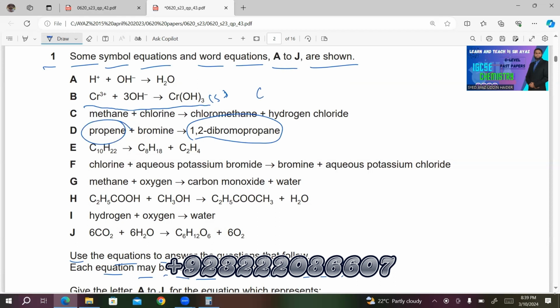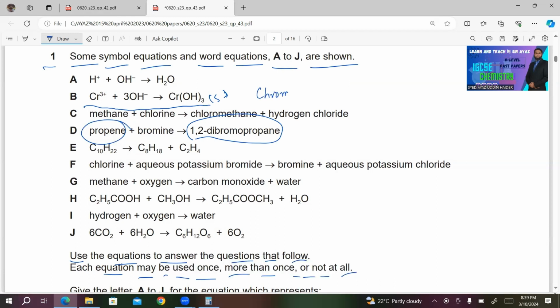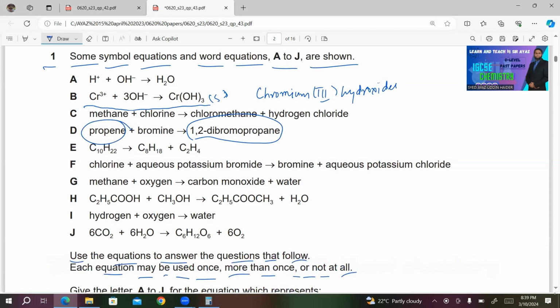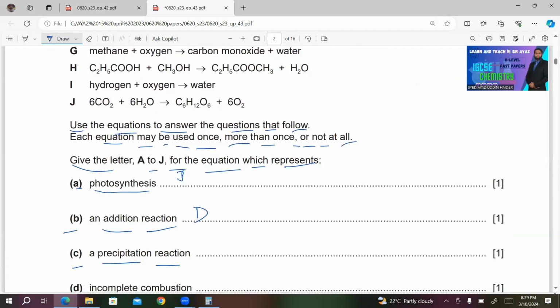This is chromium 3 hydroxide. So all the hydroxides are insoluble, with few exceptions, that's group 1 and from group 2, especially the metals in group 2 below in the group. Fine. So B will be the right answer for number C.